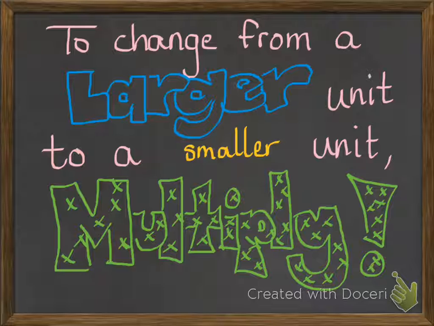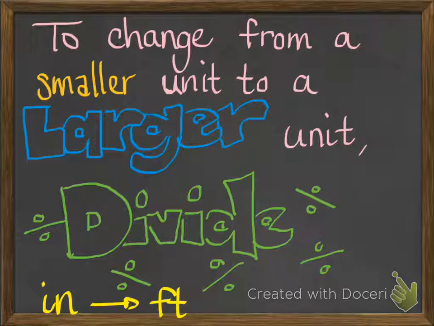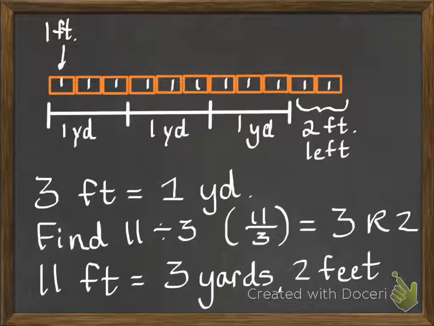The opposite, when we change from a smaller unit to a larger unit, we're going to divide. Okay? To go from a smaller unit, like an inch, to a foot or a yard, we're going to divide. Okay?